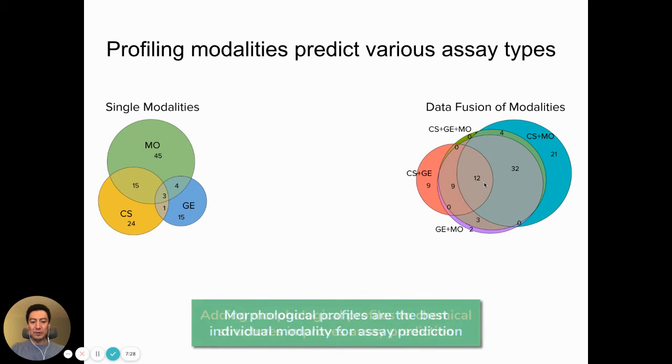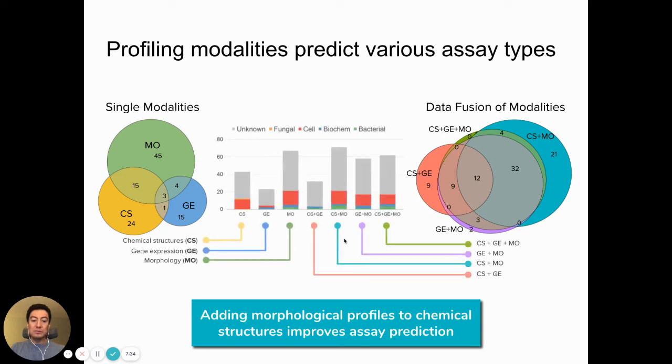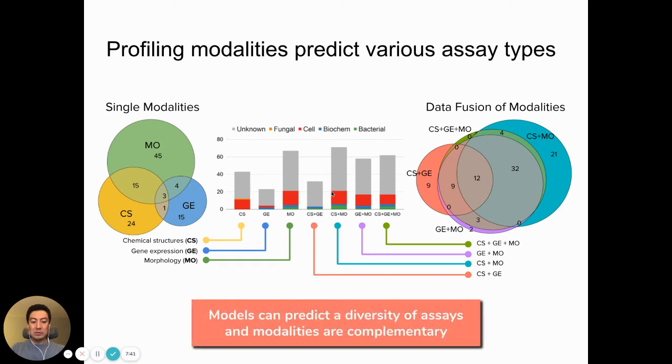Adding morphological profiles to chemical structures improves assay prediction ability. The trained models can predict a diversity of assay types, and they don't seem to be skewed to only predicting cell-based assays. We also found that chemical structures, morphology, and gene expression profiles provide complementary information for prediction.